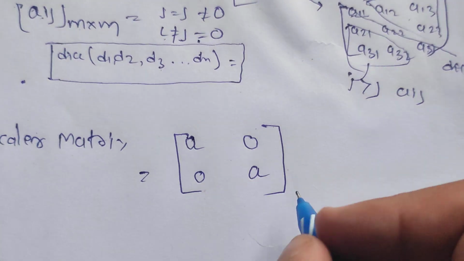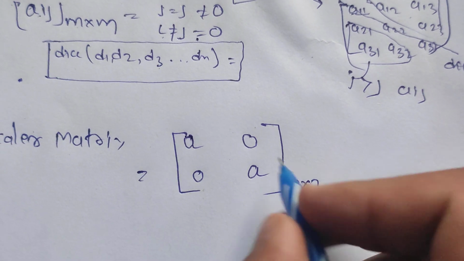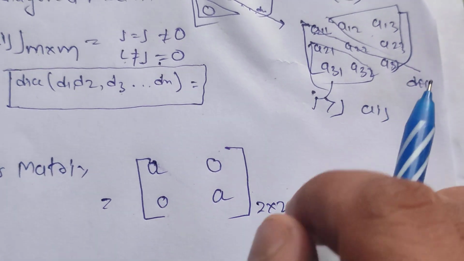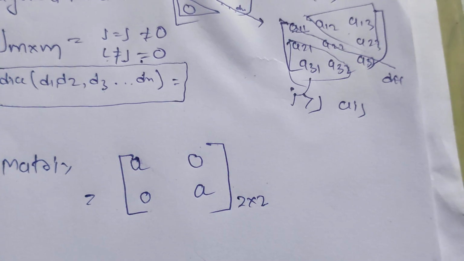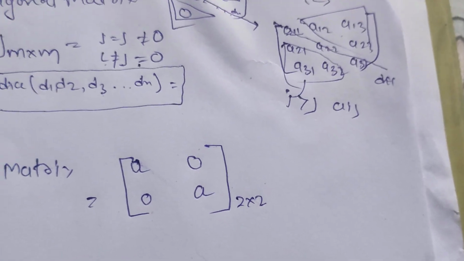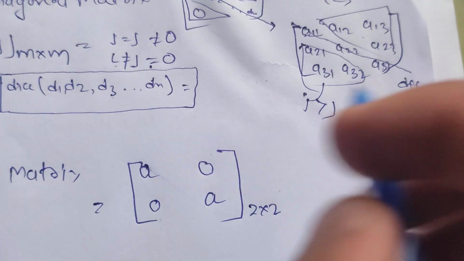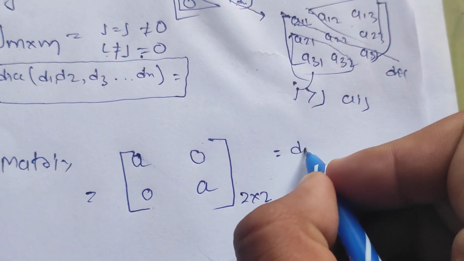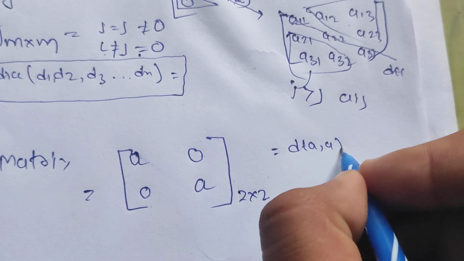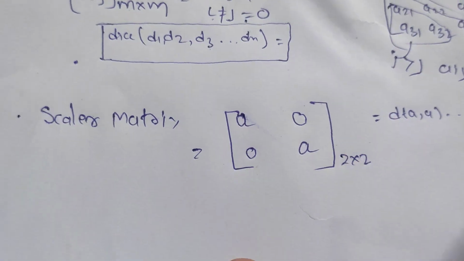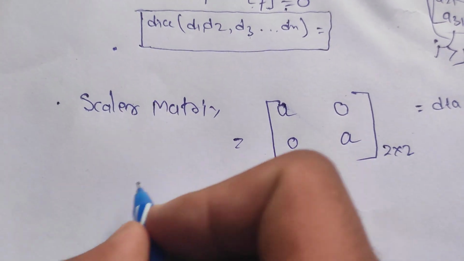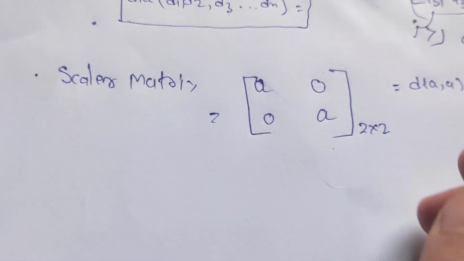This is a diagonal matrix of order 2 by 2. The remaining part off the diagonal is 0. The fact is that the diagonal entry is a scalar. A scalar is a fixed value, so if all the diagonal entries have the same value, it is a diagonal matrix of a comma a. So in the scalar matrix, we can say that for 3 cross 3, again the a is the same.